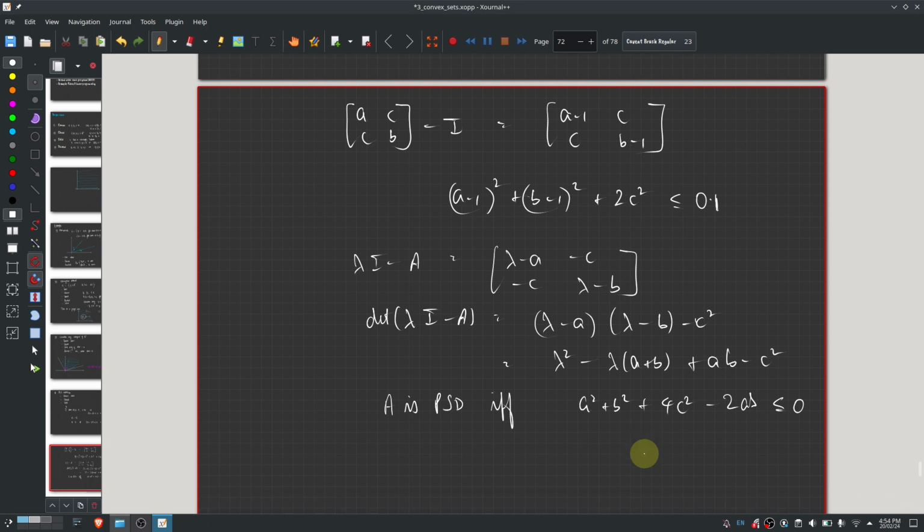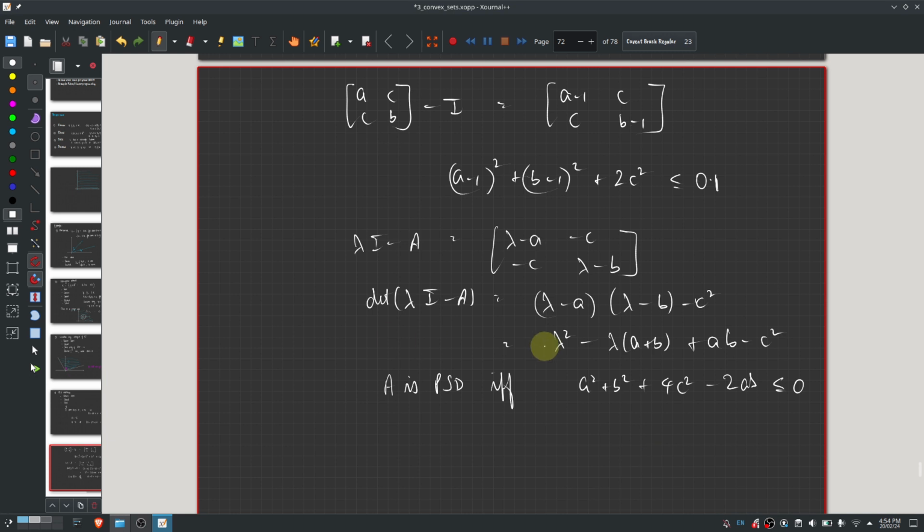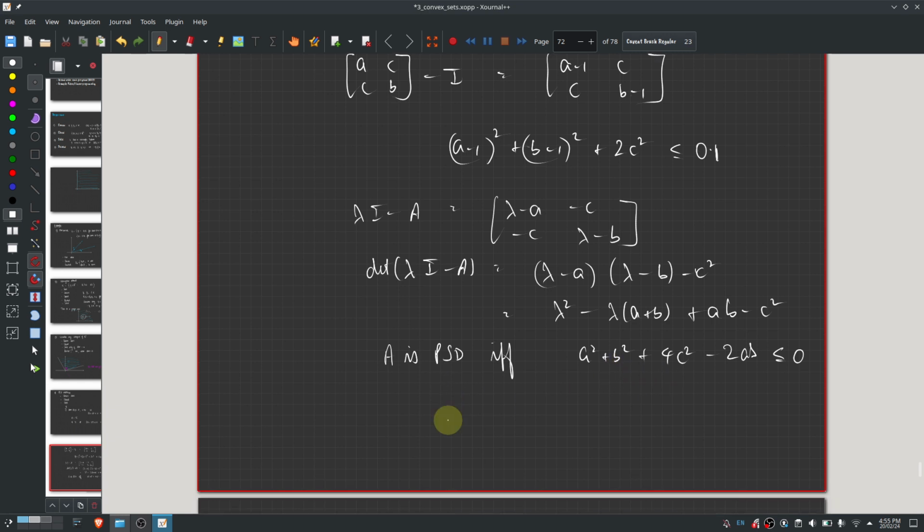So a plus b the whole square. Okay, so can you simplify this a little bit? (a minus b) the whole square plus 4c square, which is not possible.